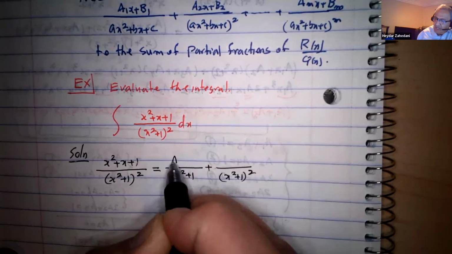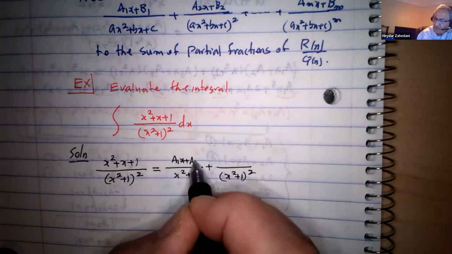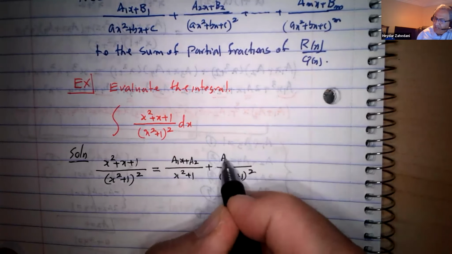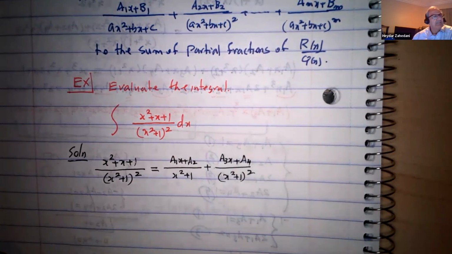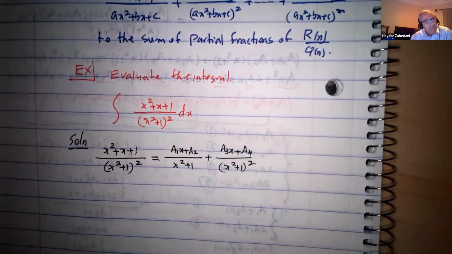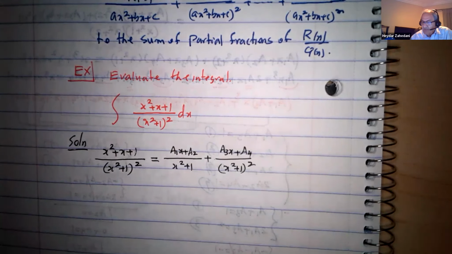On the top, I write a1x plus a2 for the first one, a3x plus a4 for the other. That's it. Okay, since it's repeated, you have to go up to the repetition. It's 2, but it can be 3, you know, it can be done, but with 3, good luck.